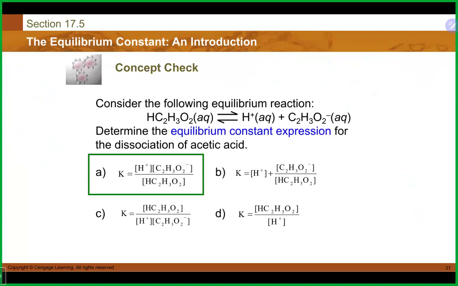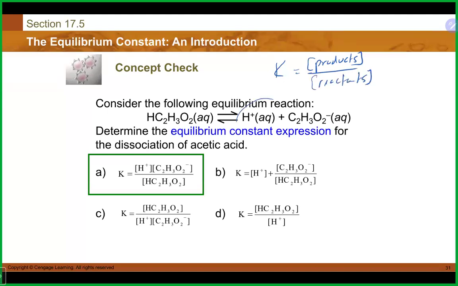All right, so let's take a look at this here. We have a reaction, which is really our weak acid, acetic acid, breaking apart into acetate and H+. We could write our equilibrium expression, which once again is going to be our products over our reactants.